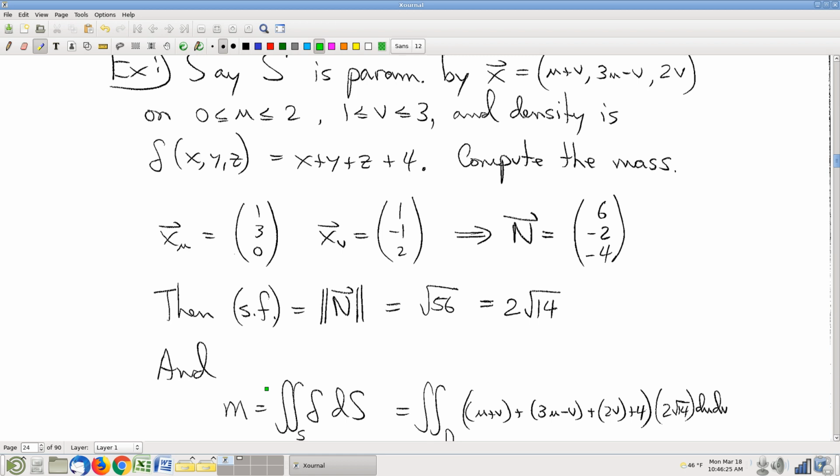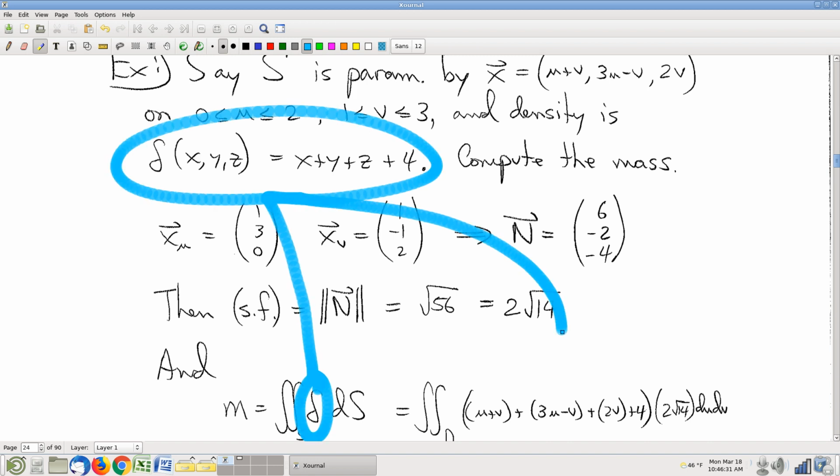So don't forget that our formula for density was here. There's density. You might wonder, what do you do with the x's and the y's and the z's? How do I turn those into u's and v's? Well, just like with change of variables, after all, it is a pullback just like change of variables, how you plug in comes from the parameterization itself.